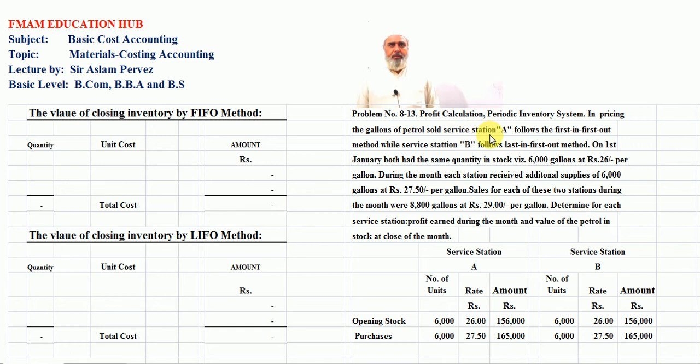Service station A follows the first in first out method, while service station B follows the last in first out method.